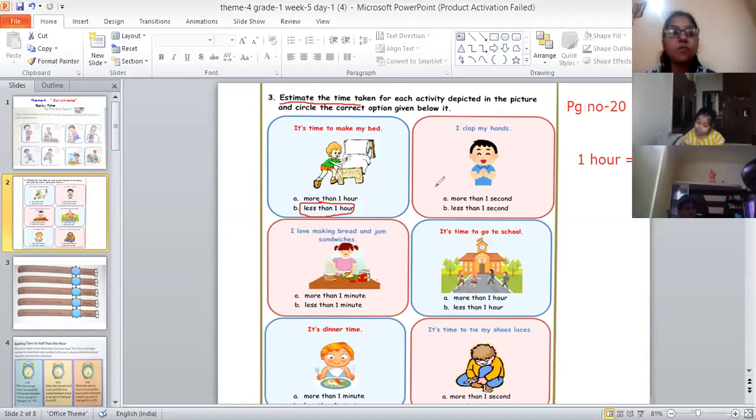Now in the second picture, Manvit, what is that boy doing? Read that question. It's written in blue color. Yeah, I clap my hands. Okay, so if you are clapping your hands, two options are there. Read those options. And the second option?